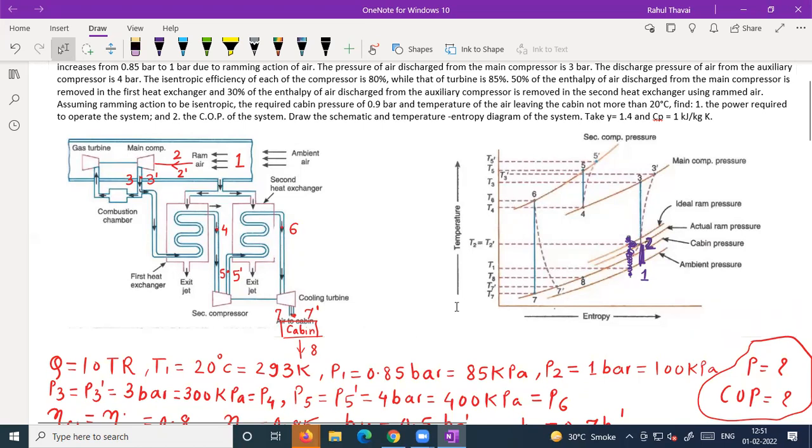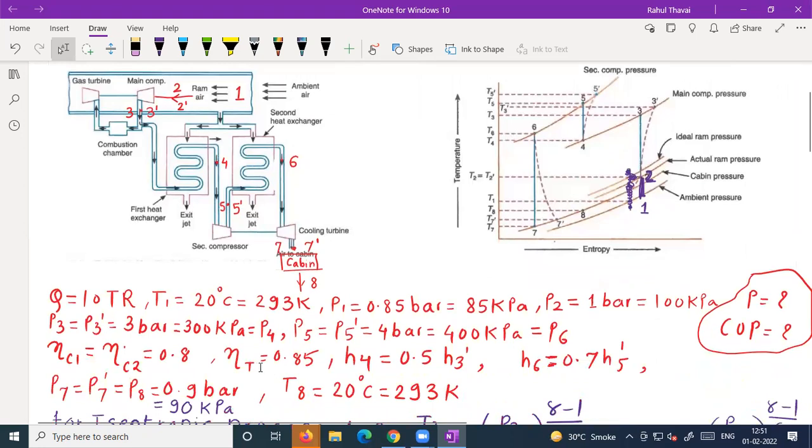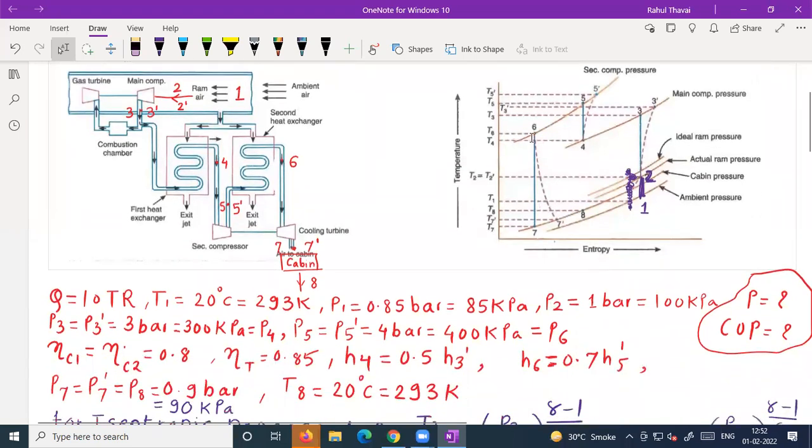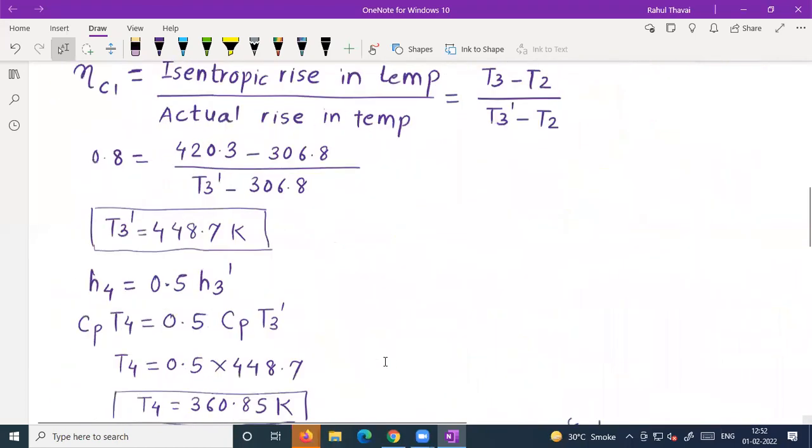For the turbine, the efficiency is given. The turbine is 85% efficient. That means along 6 to 7 dash we have 85% efficiency, while 6 to 7 is 100% efficiency. It is given in the problem, so I'll write down that formula.